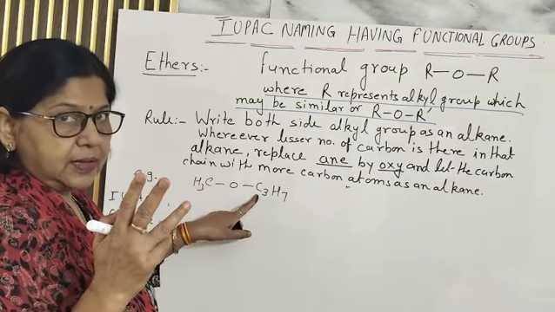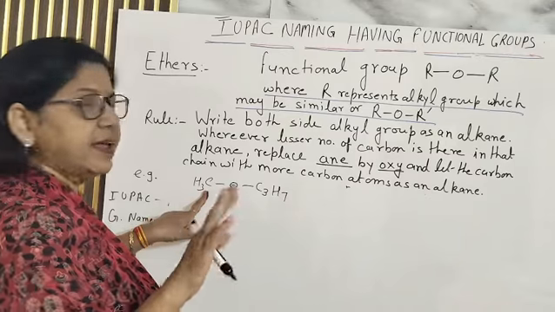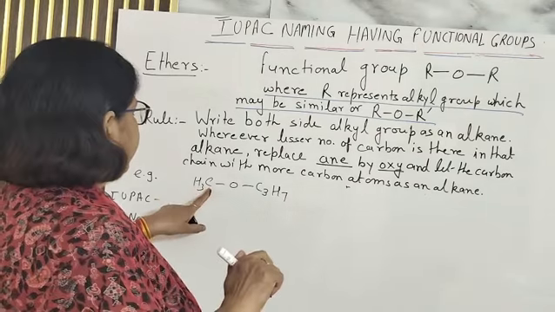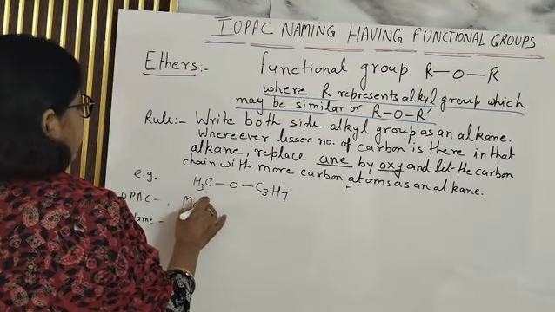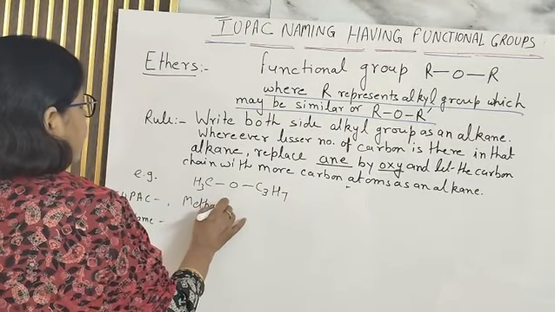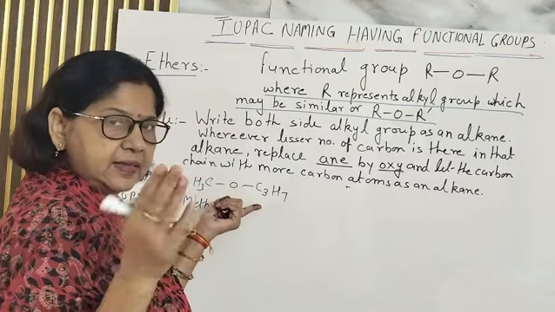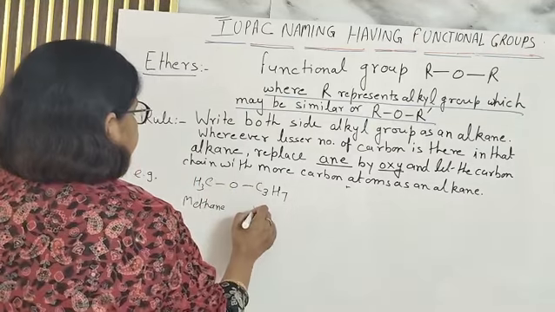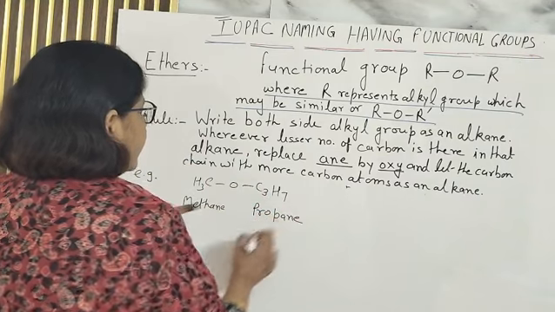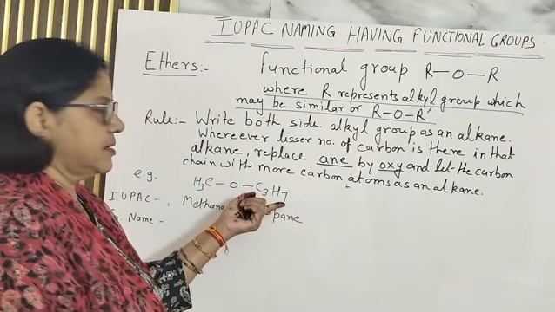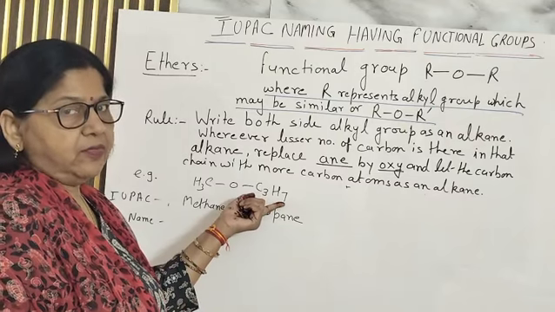Here are three carbons. But I am writing both sides as an alkane. With one carbon, which is the alkane? It's methane. And with three carbons, which alkane is there? Propane. I write propane. Don't worry that one hydrogen of the propane is not satisfied, the C3H7.